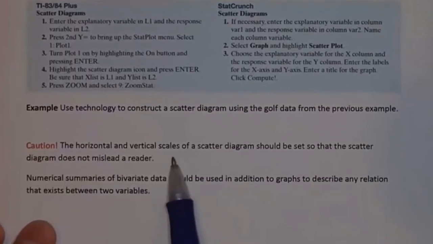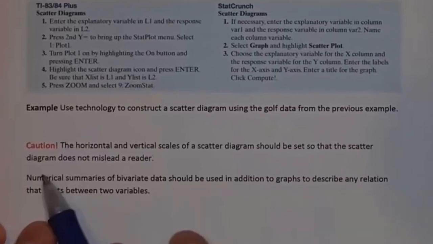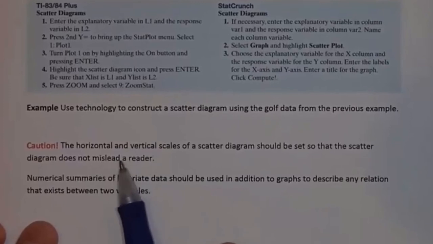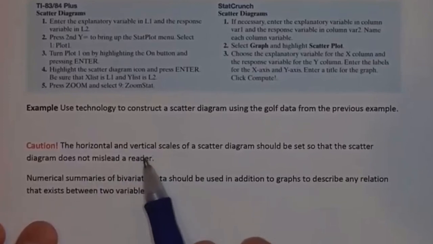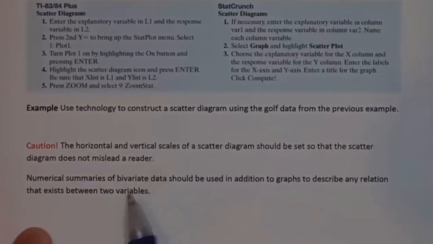The horizontal and vertical scales of a scatter diagram should be set so that the scatter diagram does not mislead a reader. Again, that's along the same line of the point I was making, that I can distort and make things look more linear or less linear, and we want to avoid that if we can.